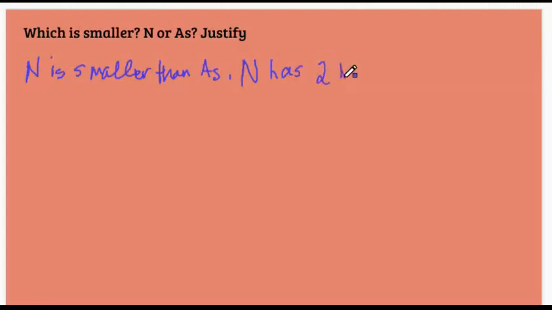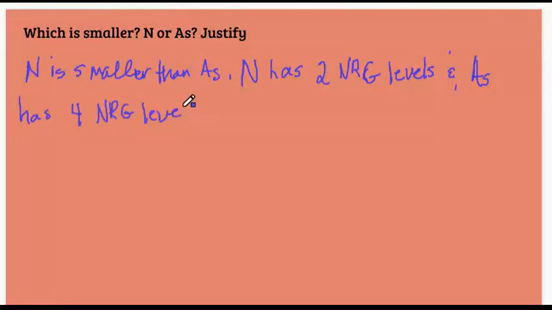Has 2 energy levels, and energy I abbreviate, and they would know this on the College Board, so they'd be okay. Energy levels, NRG is energy, and arsenic has 4 energy levels. Just look at what row they're in. Or you could write out their configuration if you wanted to do that.